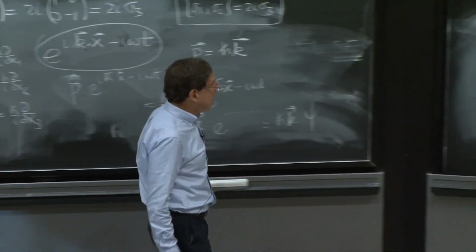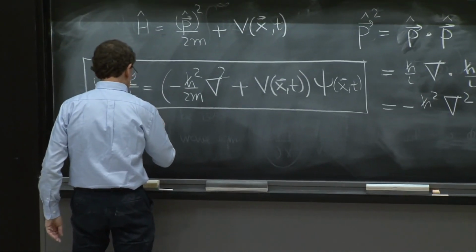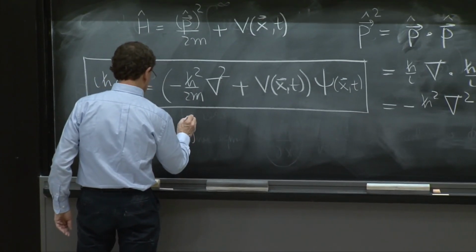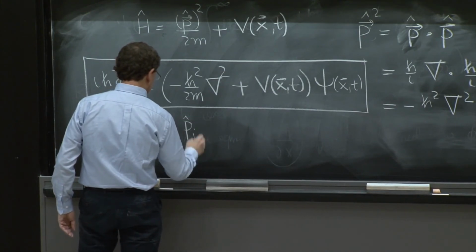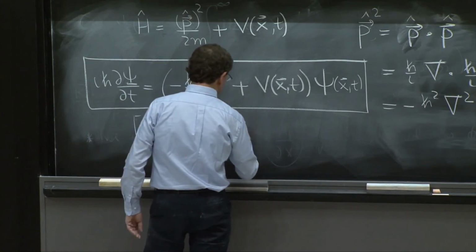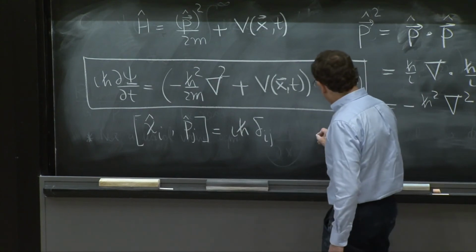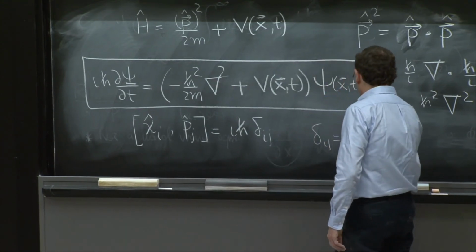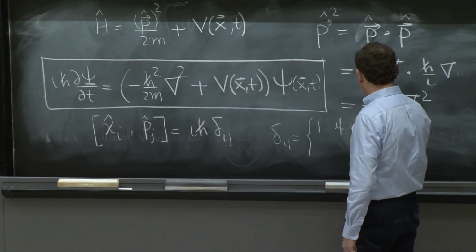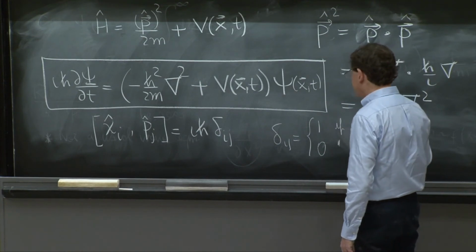So you have the ith component of the x operator and the jth component of the p operator. These components give you i h bar delta ij, where delta ij is a symbol that gives you 1 if i is equal to j, and gives you 0 if i is different from j.